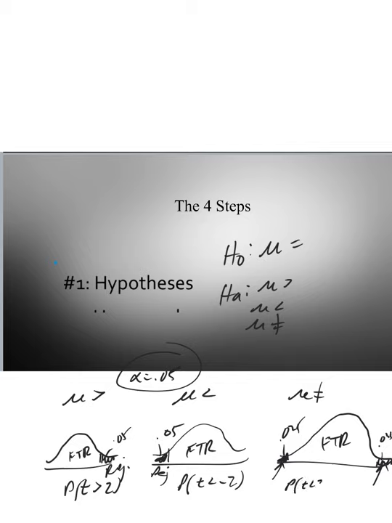Probability of t being less than negative 2 plus probability of t being greater than 2. Now our calculator will take care of that. We just have to change the alternative hypothesis to not equal to. But what's going to happen is when it's two-sided, you'll actually get double the p-value because it's going in both directions, with that not equal to, which we talked about in the proportion unit as well.